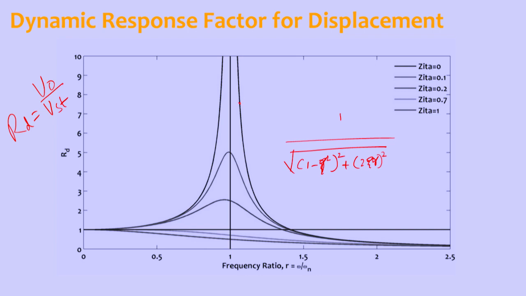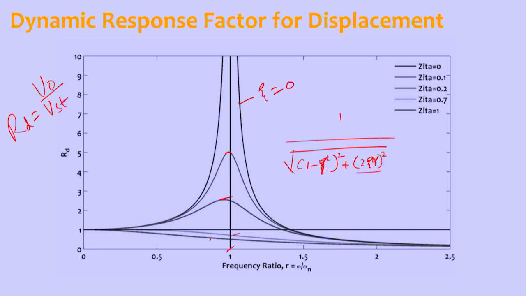The first curve is zeta equal to 0, and here zeta is 0.1, 0.2, 0.7 and zeta 100% damping. As you can see in this curve, when r is equal to 1 and zeta is equal to 0, the damping term will disappear and we will be left with only 1 minus r square.